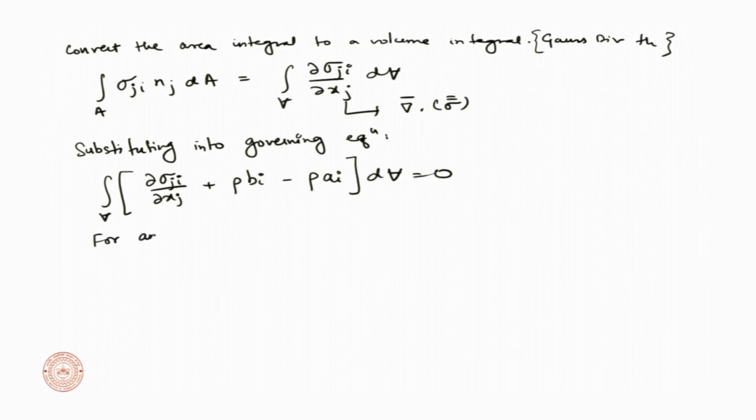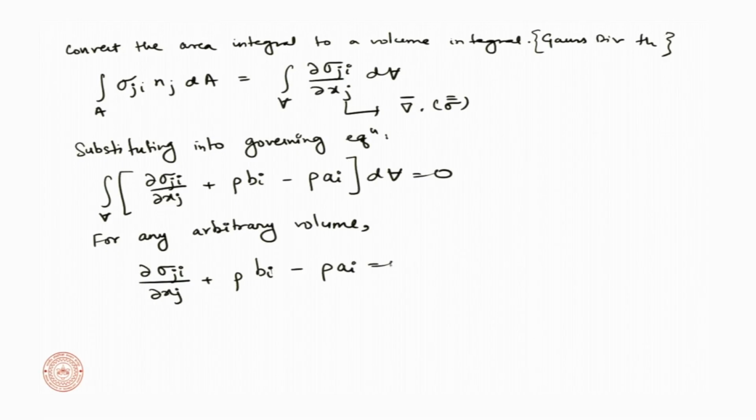Again, for any arbitrary volume, we can say that the integrand is 0, because at every point within that arbitrary volume this equation should be satisfied. So, del sigma_ji over del x_j plus rho b_i minus rho a_i is equal to 0.